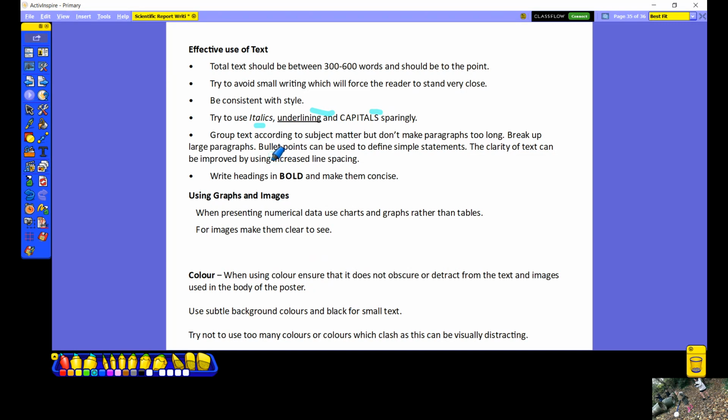Some key writing skills, looking at the paragraph breaks, the bullet points, how you're going to present images, graphs, tables, and color. We all love to apply color. We know how visually appealing that is.